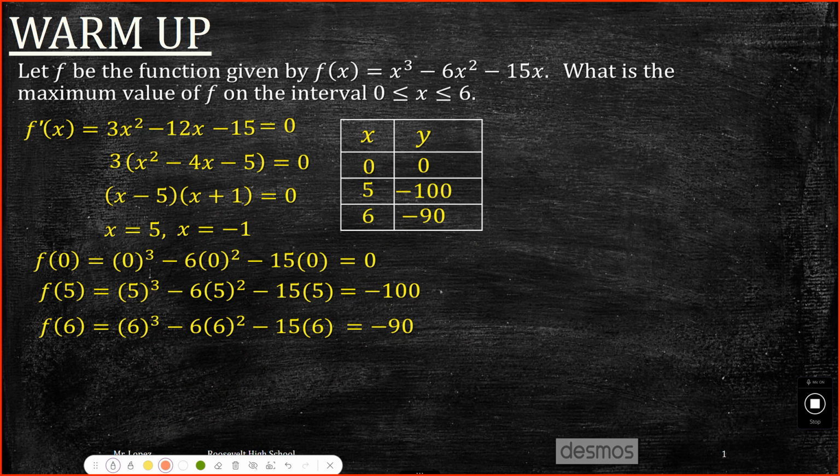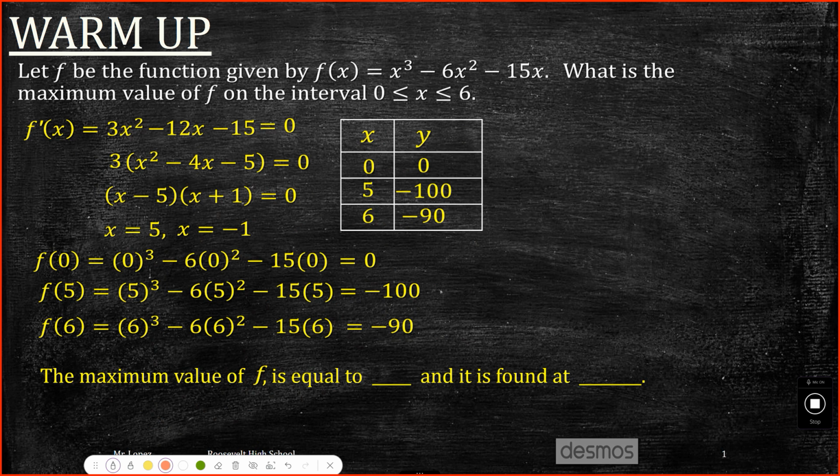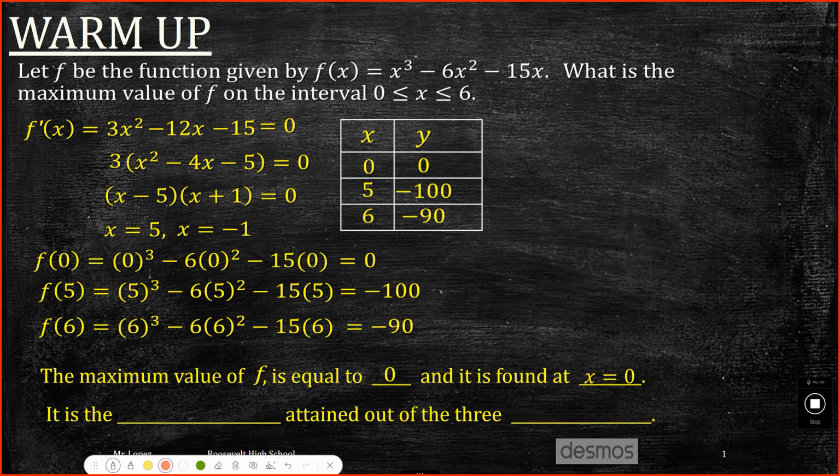Max. So the maximum value is at x equal to 0, and the maximum value is 0. The maximum value of f is equal to 0, and it is found at x equal to 0.